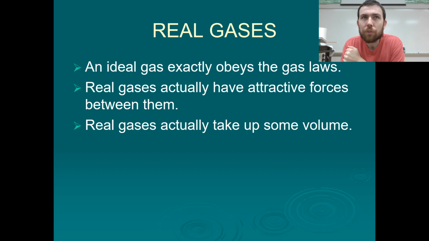And those conditions become magnified at low temperature and high pressure, because at low temperature, the particles are moving much more slowly, so they have opportunities to have attractive forces between them. And if you're in high pressure, that means you have a smaller volume, and so what volume you do have is actually being occupied. And in a smaller volume, you're going to increase opportunities for your particles to collide with each other.